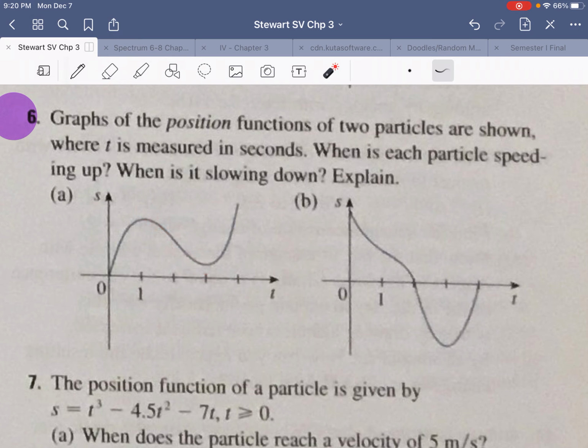I'm slowing down. And then they start to get steeper again, so speeding up. So anytime your slope is getting flatter, whenever your velocity is headed towards 0, then you're slowing down. If your slopes are getting steeper, then it's speeding up. And it doesn't matter which direction it is, because again, speed is just velocity without direction.